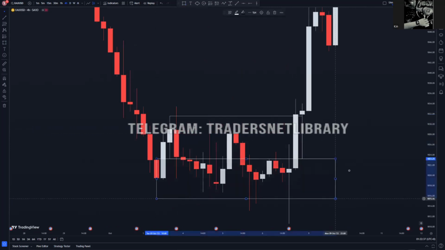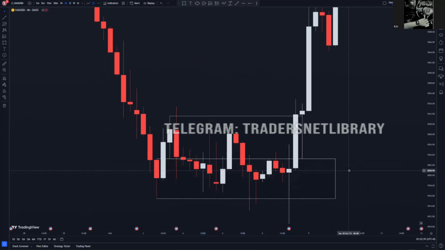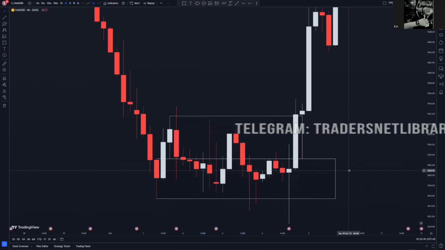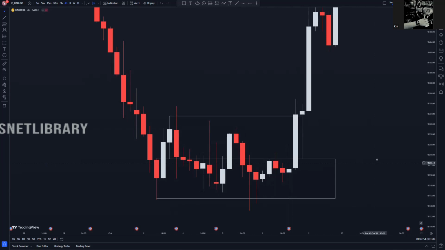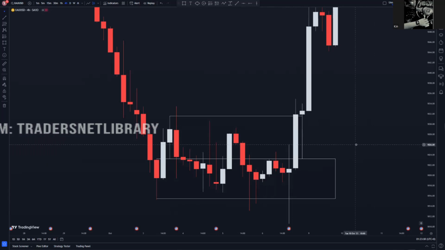Before we start marking the zones, remember what I said earlier: we need to be very flexible with the zones. How many times can a zone be used? I've already explained it just now. No matter how many times the zone has been touched, we can still use it as long as that zone is valid.